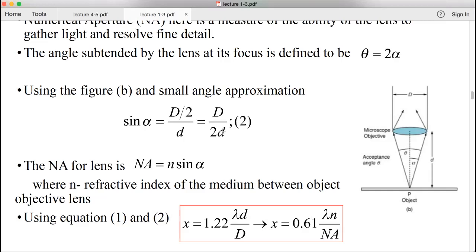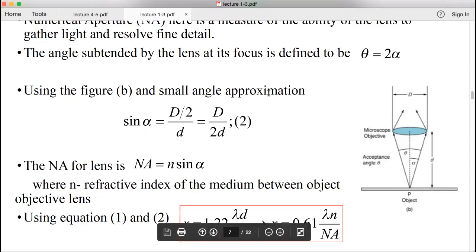So the small d over capital D term can be replaced by the numerical aperture, and there will be a refractive index coming into play. So depending on the refractive index of the medium between the object and the objective lens, your resolution will be, or the resolution in the sense of the minimum distance that can be resolved.